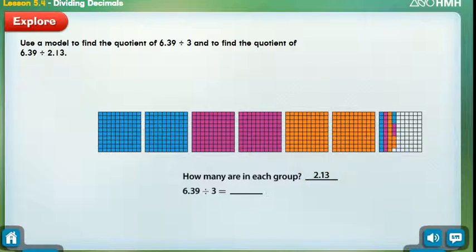There are 2 and 13 hundredths in each group. So what is the quotient of 6 and 39 hundredths and 3? Since there are 2 and 13 hundredths in each group in the model, 6 and 39 hundredths divided by 3 is 2 and 13 hundredths.